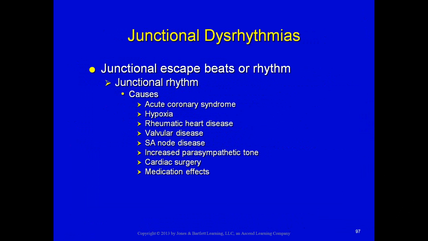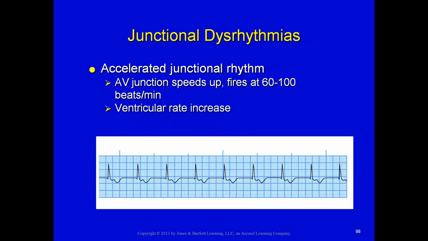Causes of junctional escape beats would include those things that cause the misfiring or the lack of discharge of the SA node: acute coronary syndromes, hypoxia, rheumatic heart disease, valvular disease, SA node disease, sick sinus syndrome, increased parasympathetic tone, cardiac surgery, medications.